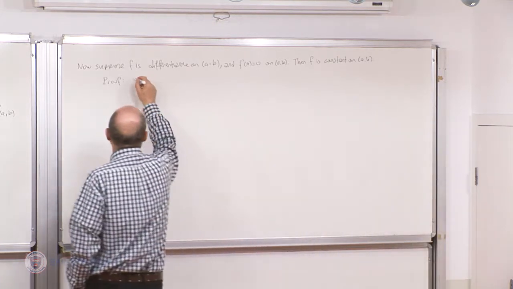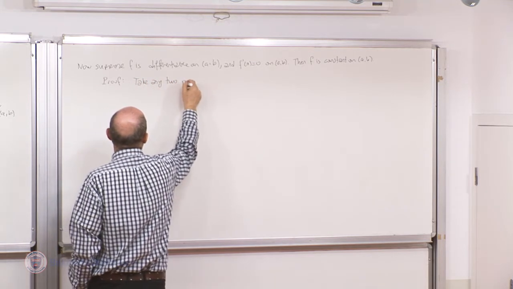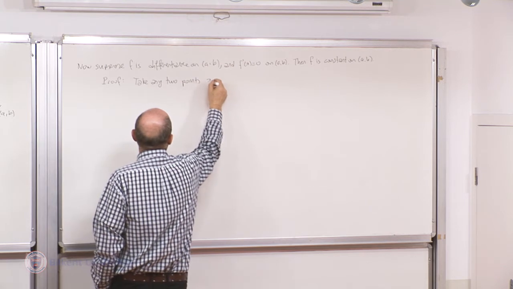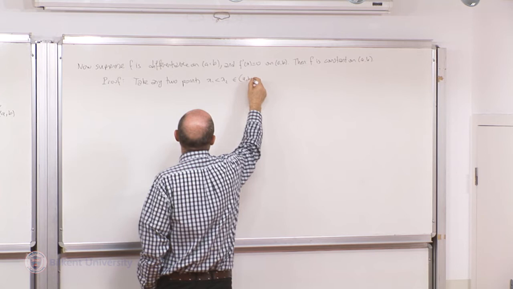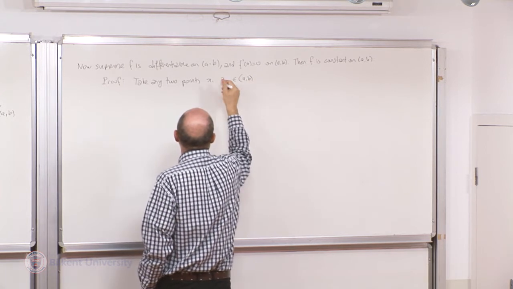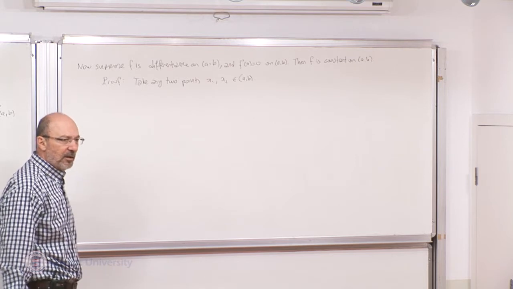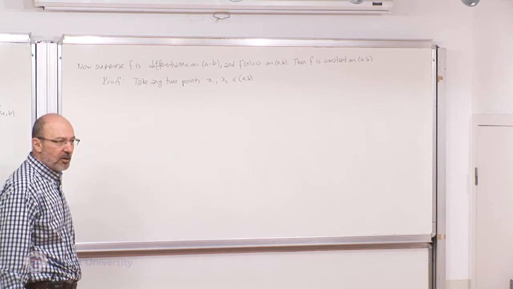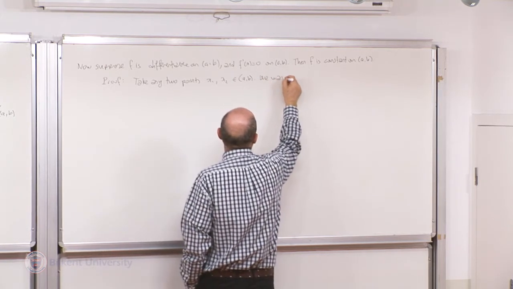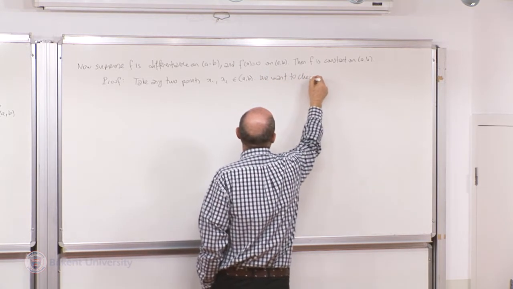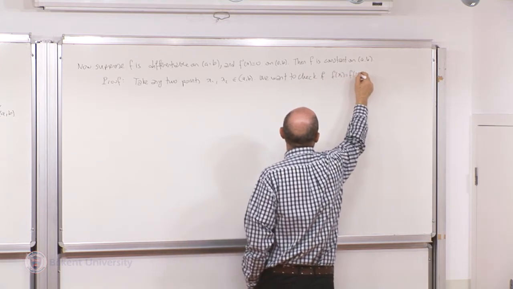Take any two points, say x1 less than x2 in A, B. It doesn't matter whichever one is smaller. We want to show that f of x1 is equal to f of x2.